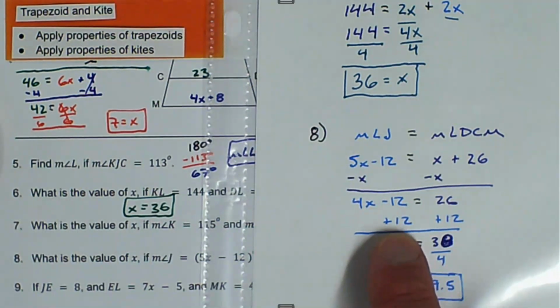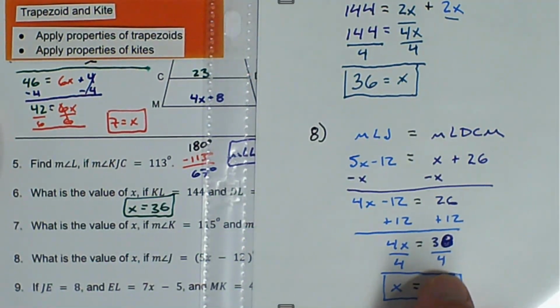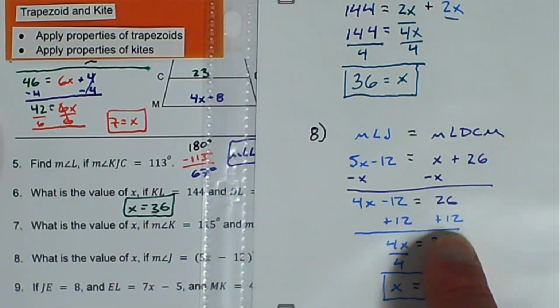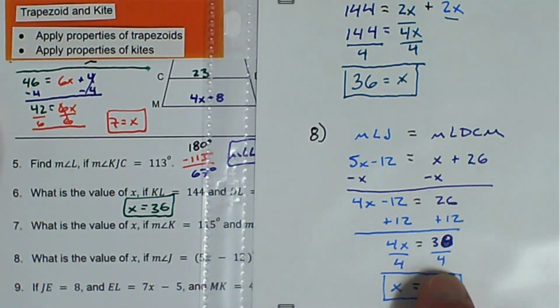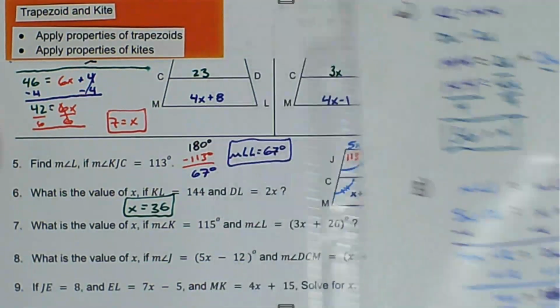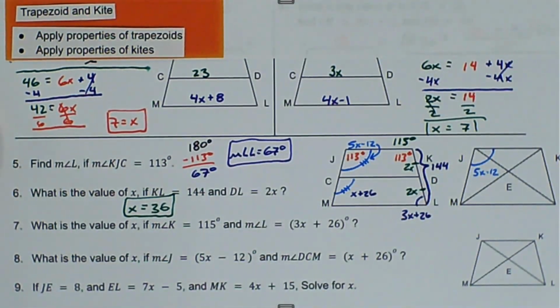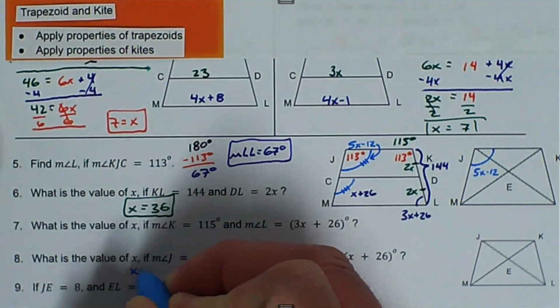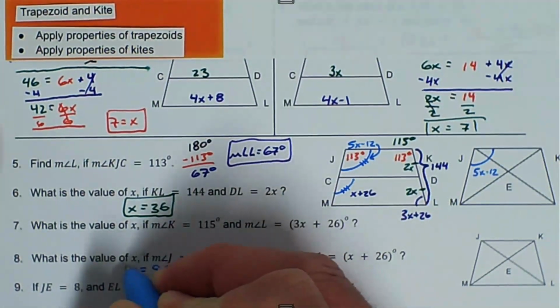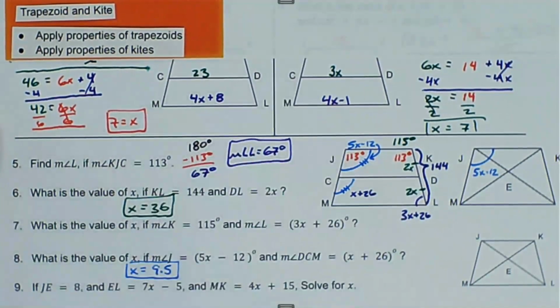We want to get our constants together, so we add 12. 26 plus 12 should be 40. Oh, 38. Should be 38. And 38 divided by 4 is 9.5. So for number 8, we get x is 9.5. And for number 7, we got x is 13.